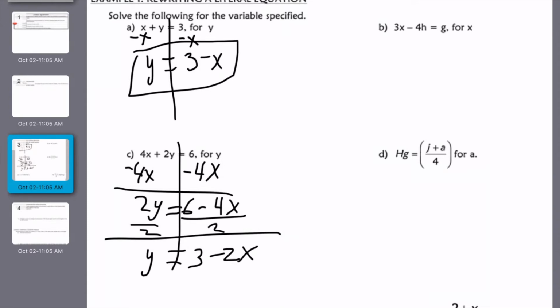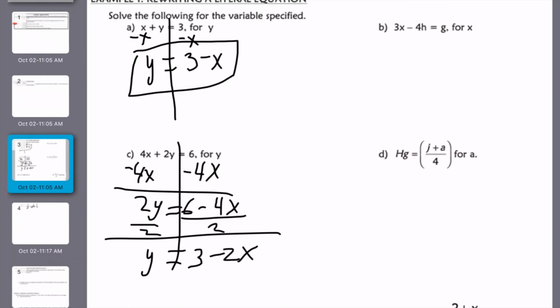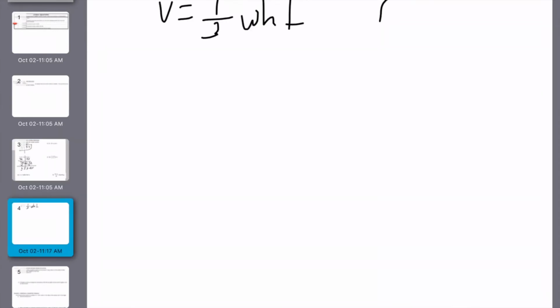Now I'm going to take E and put it on another page. So V, volume, equals 1/3 WHL. Make it a capital L so we can know. Okay, and we are solving for W. So the first thing that I'm going to do is multiply both sides by 3, so that I can get rid of the denominator in my fraction.